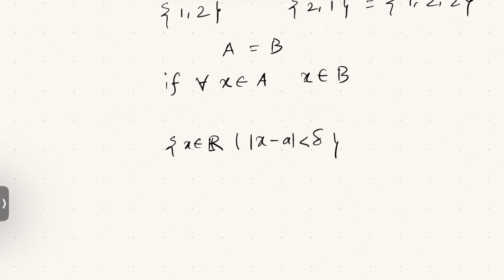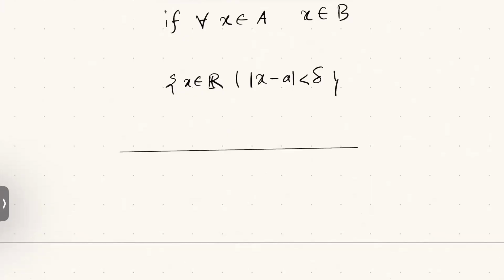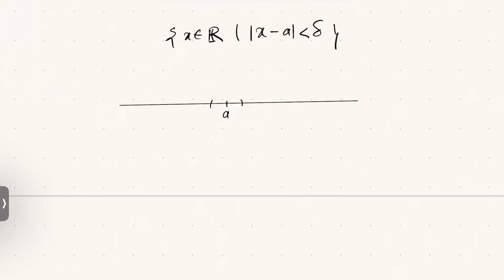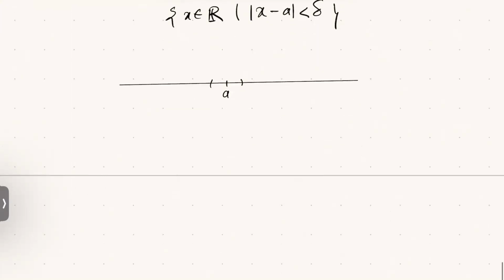So this is a set, right? This is A, and this is the open interval. Now, we can generalize this definition, and this gives us the idea of epsilon neighborhood.